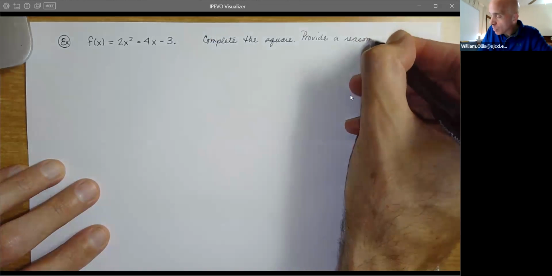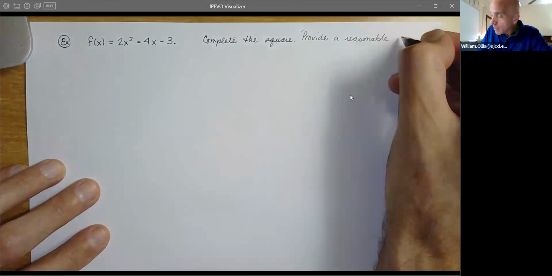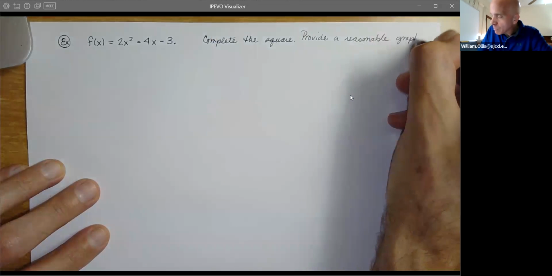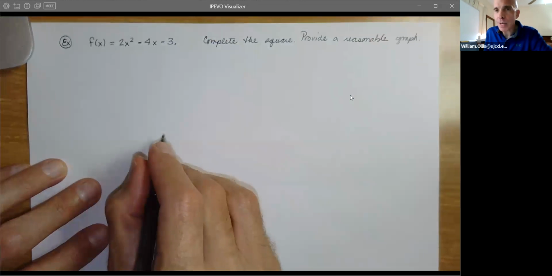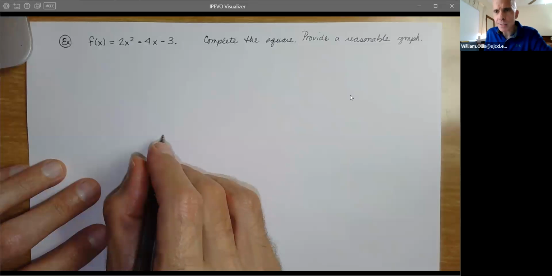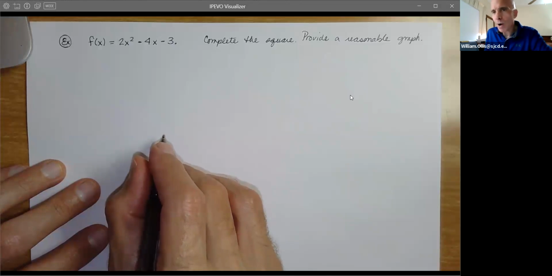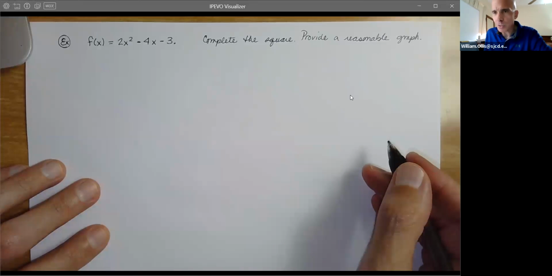Now, what they do in WebAssign is they'll say, okay, student in Professor Ron's pre-cal class, what is the vertex? What is the max or the minimum? What are the x-intercepts? What are the y-intercepts? What's the axis of symmetry? Now put that all together and sketch it, okay?